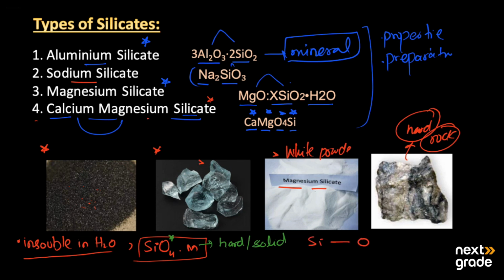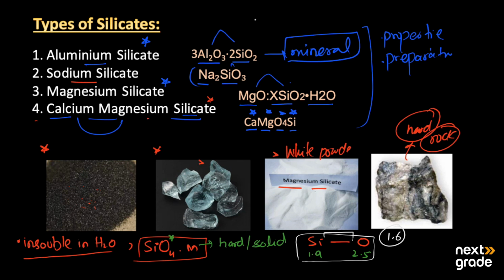The electronegativity of silicon is 1.9, and of oxygen it is 2.5. So the electronegativity difference between these two is almost greater than or equal to 1.6, which suggests the covalent bond of silicon and oxygen.